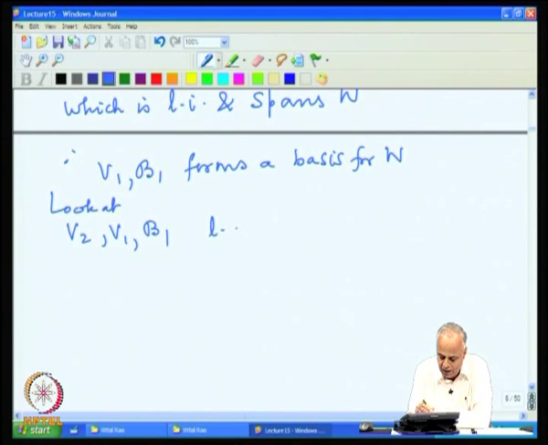This will be linearly dependent again because v1, b1 is already a basis and v2 is in that space, and therefore v2 can be written as a linear combination of these vectors. So this is linearly dependent. So we can use the same procedure as above.